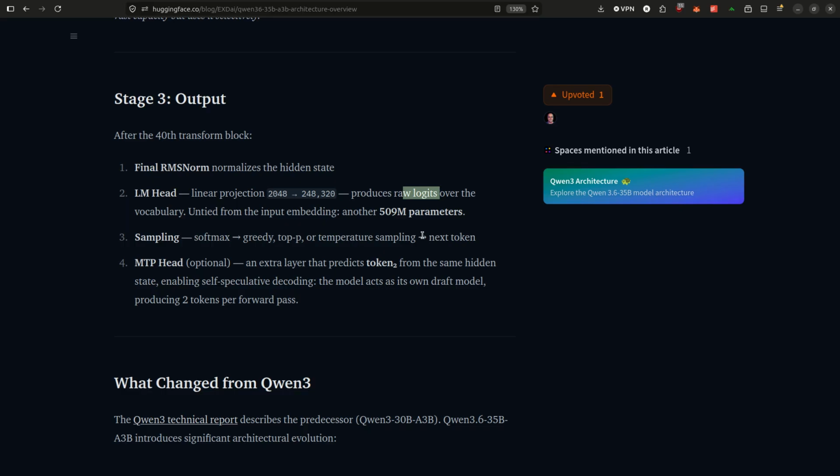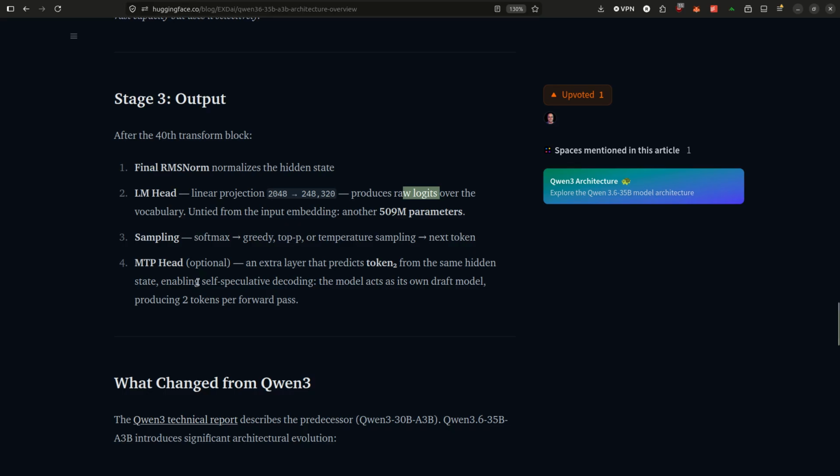And obviously, only some of them will be highly likely, while the rest will be extremely unlikely, right? This is where those numbers finally get produced. And then we have a sampling strategy where we decide which of those, based on these logits, we pick. And then this bit is speculative decoding, which we looked at before; we'll just ignore that for now, okay?